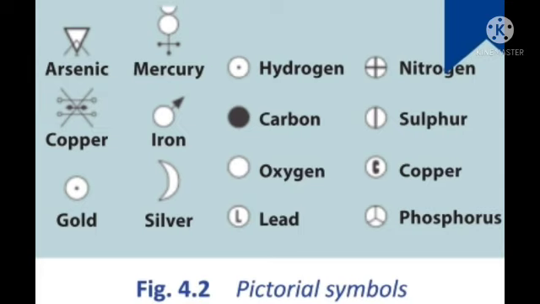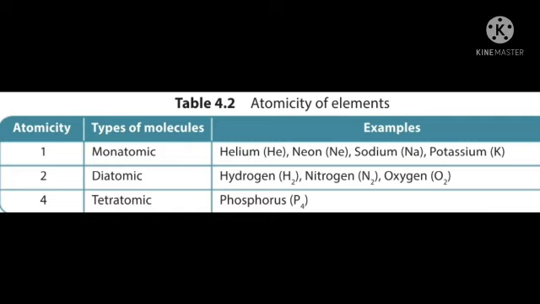Then atomicity we have learned. What is atomicity? The number of atoms present in one molecule of an element is called atomicity. In that we have seen few examples. Monatomic, atomicity 1.